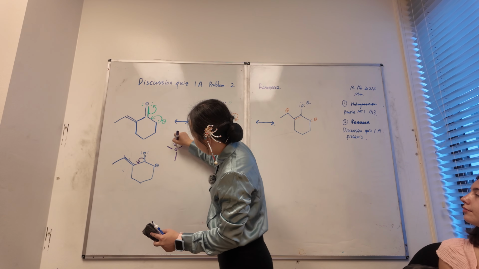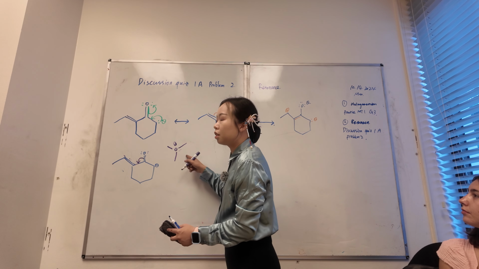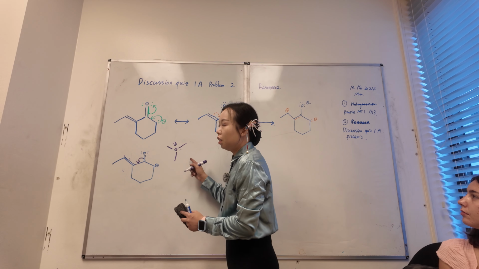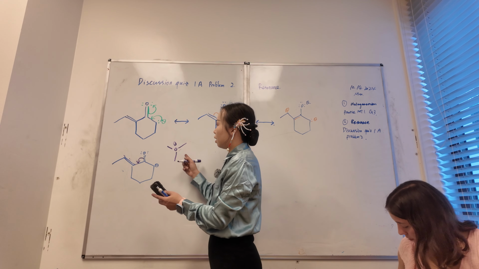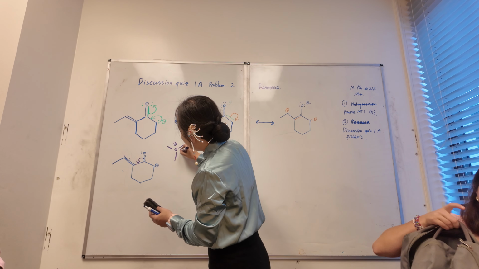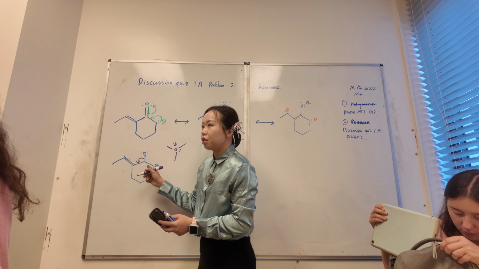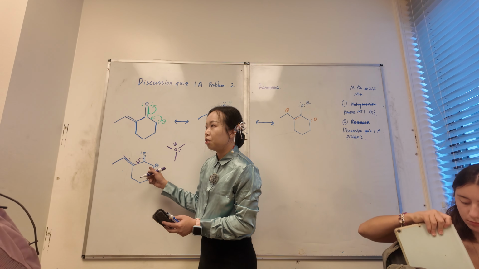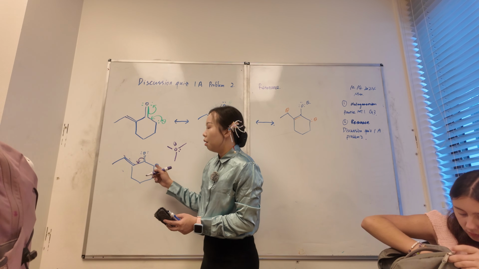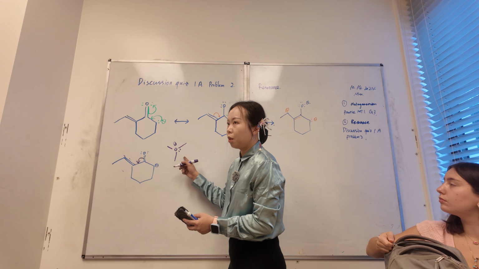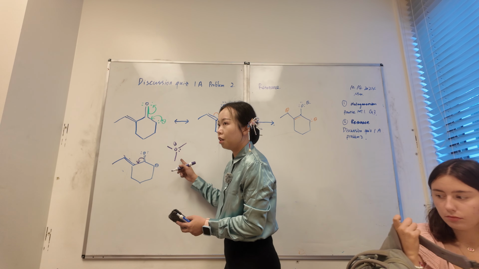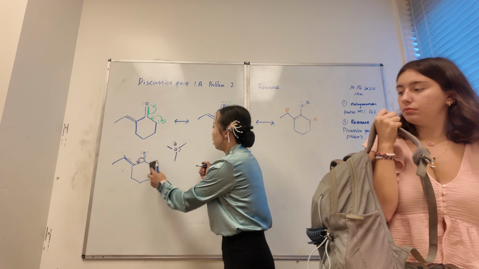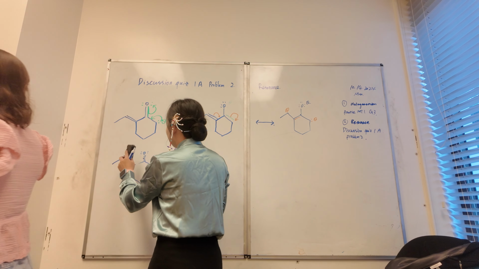So theoretically your oxygen is losing electrons, so you should make it more positive. But compared with the structure on my chart, it's not really positive. Are we good? Yes. Okay, so that's not it.